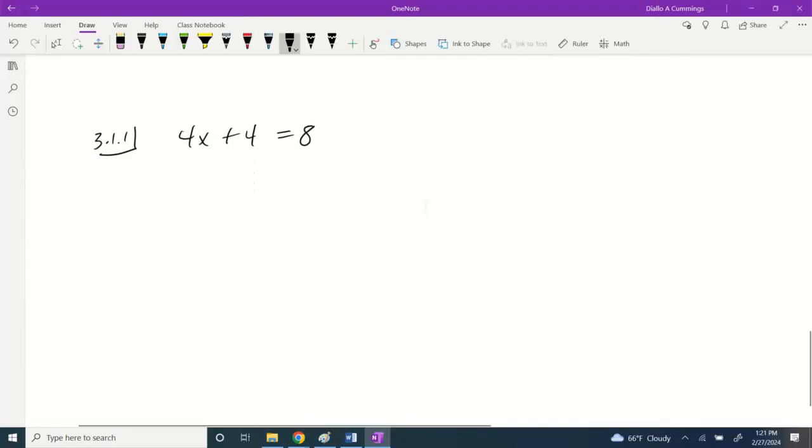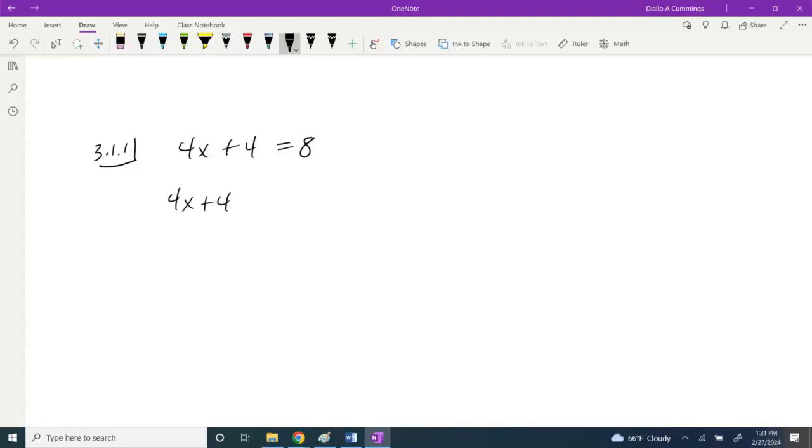Now in this case, since I want to solve for x, sort of like what we did with the solving for y-type equations, I'm going to take this 4 and transpose it to the other side. So that's actually going to be the same thing as subtracting 4 from both sides. Right, so I have 4x plus 4 minus 4 is equal to 8 minus 4.